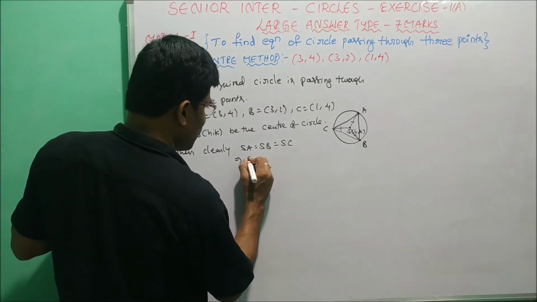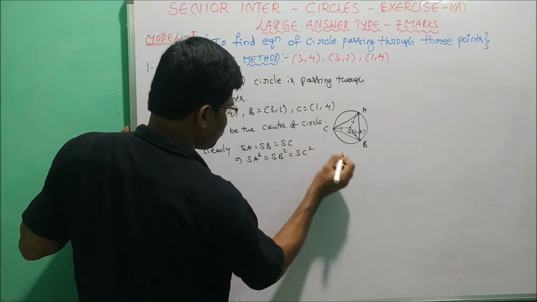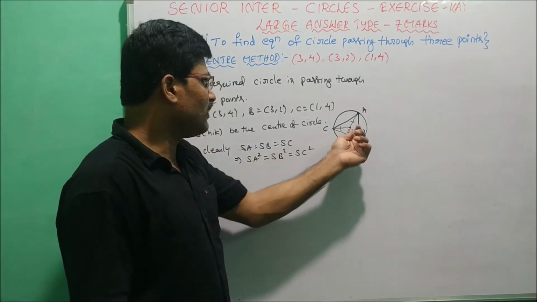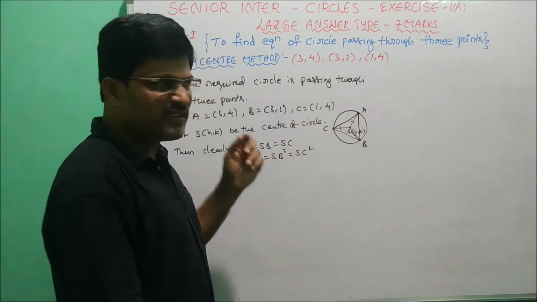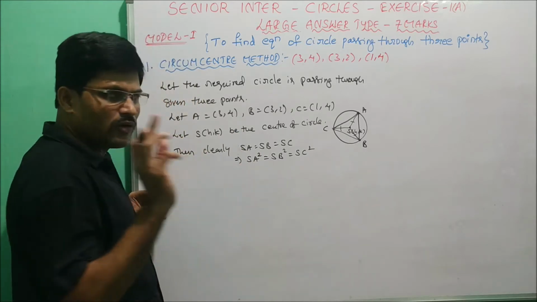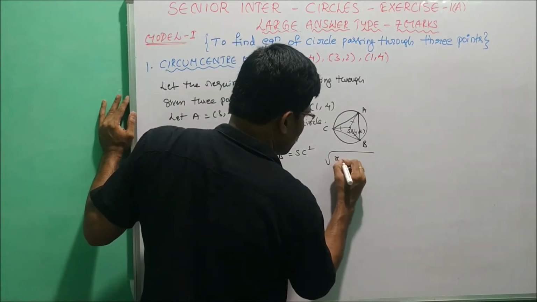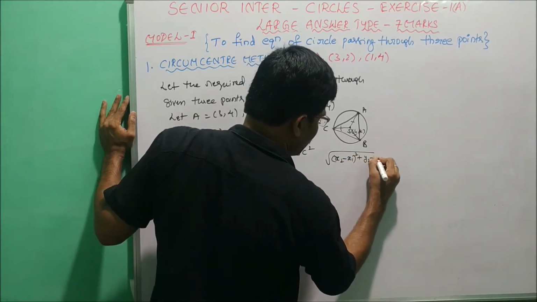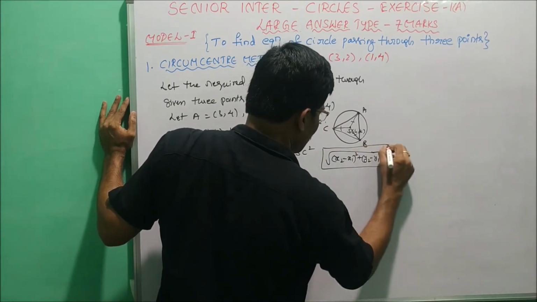Now squaring on both sides, SA square equals SB square equals SC square. Here we have to find the distance between S and A, S and B, S and C using the distance formula. Here we use one and only one formula, that is square root of (x2 minus x1) whole square plus (y2 minus y1) whole square. This formula will be used here.